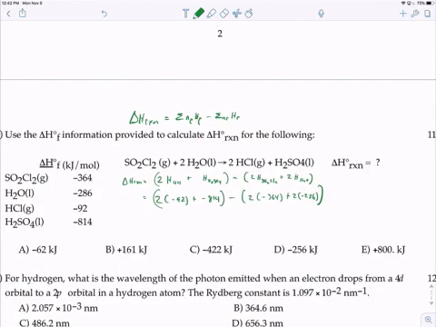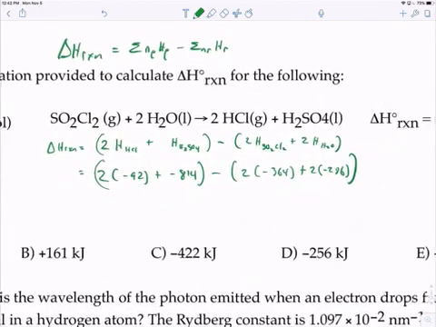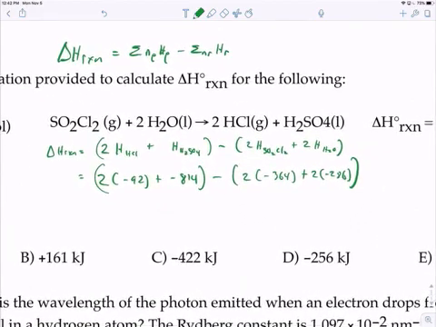SO2Cl2. Oh, I put a 2 there? Yeah. Oh, crap. No 2 there. You're right. I'm too liberal with my 2s.